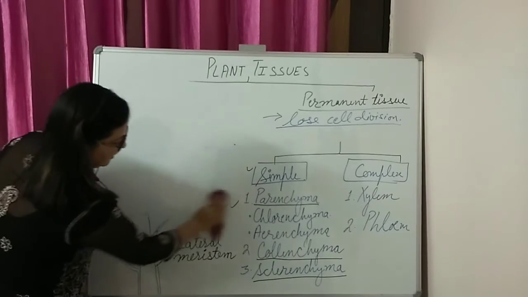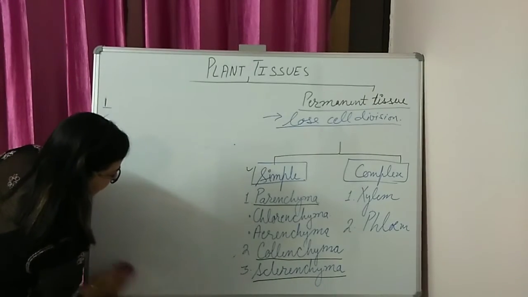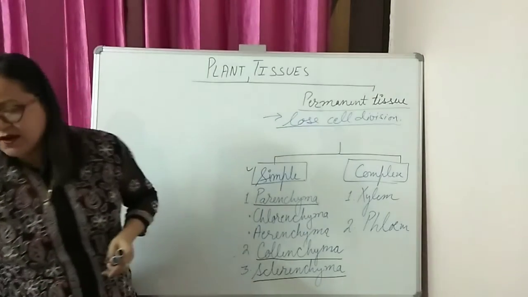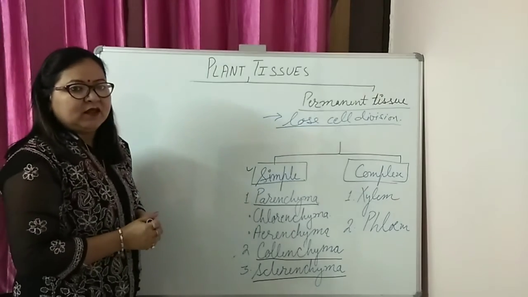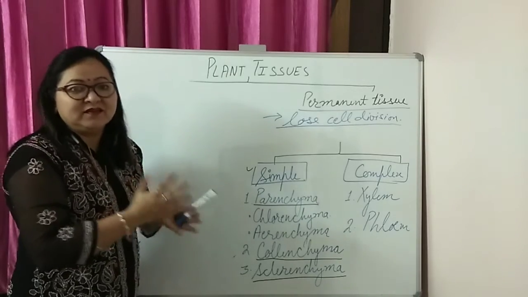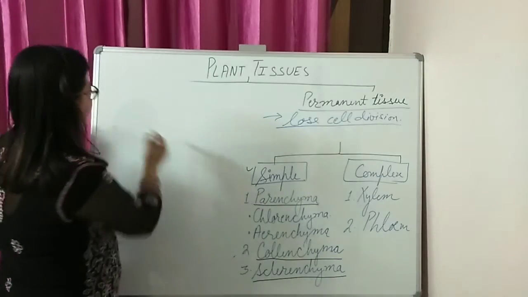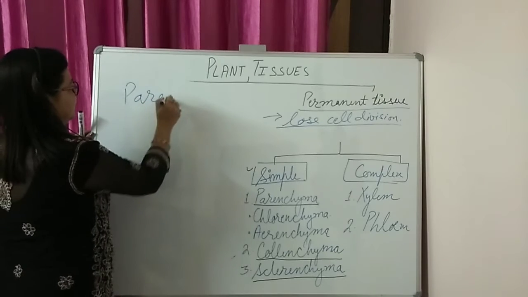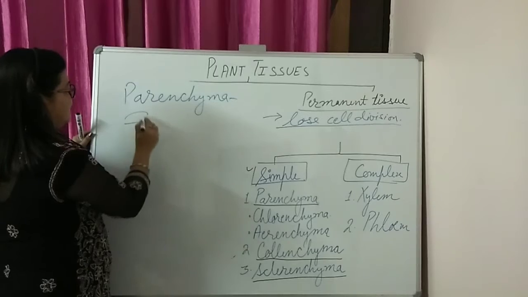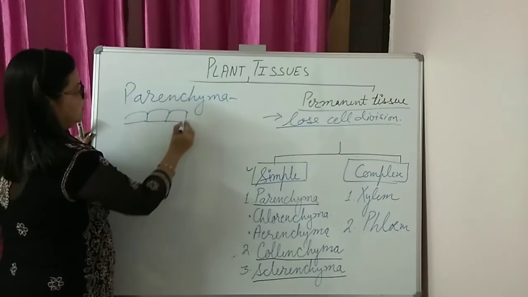Number one is parenchyma. Below the epidermis, the maximum packaging tissue, the ground tissue, is made up of parenchyma. It's like we discussed in the case of leaves.